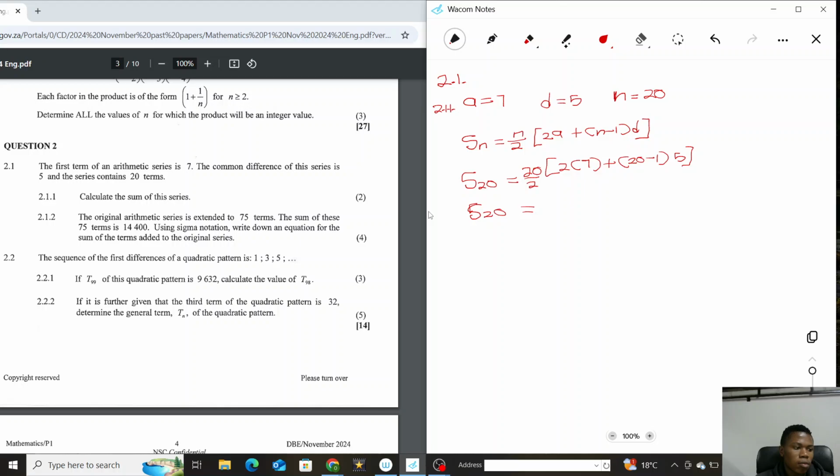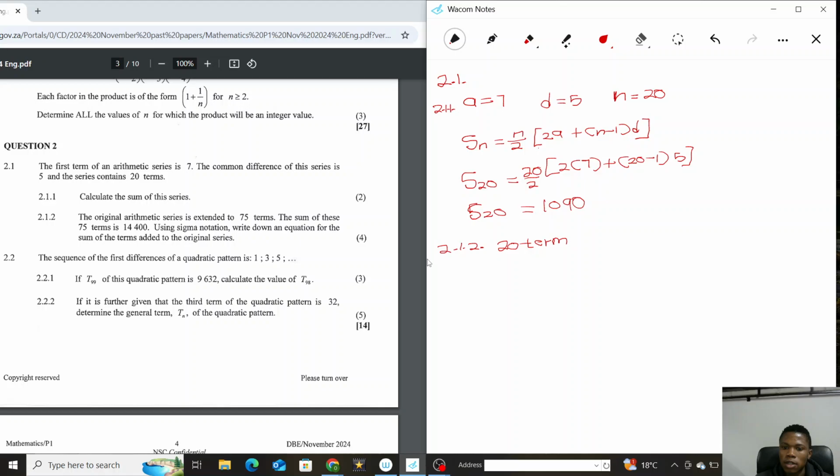Okay, let's go to 2.1.2. It says the original arithmetic series is extended to 75 terms. Originally we had 20 terms.